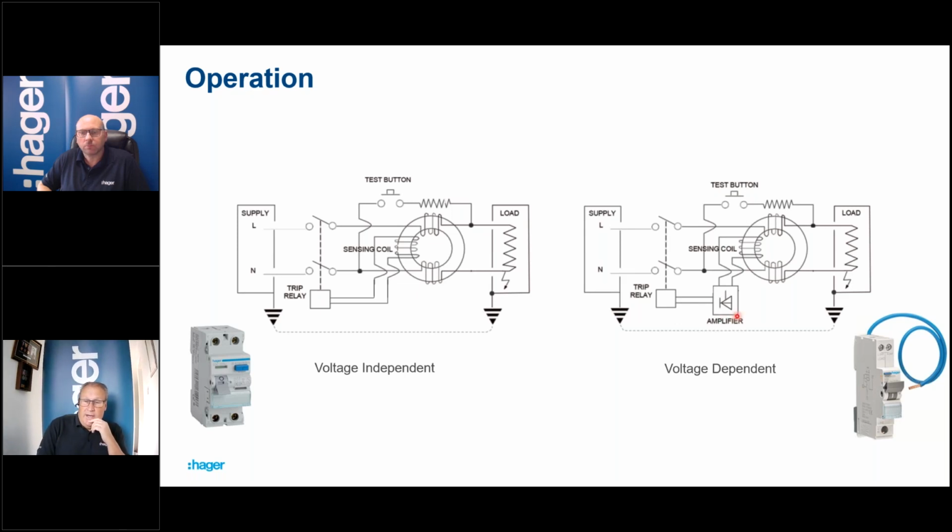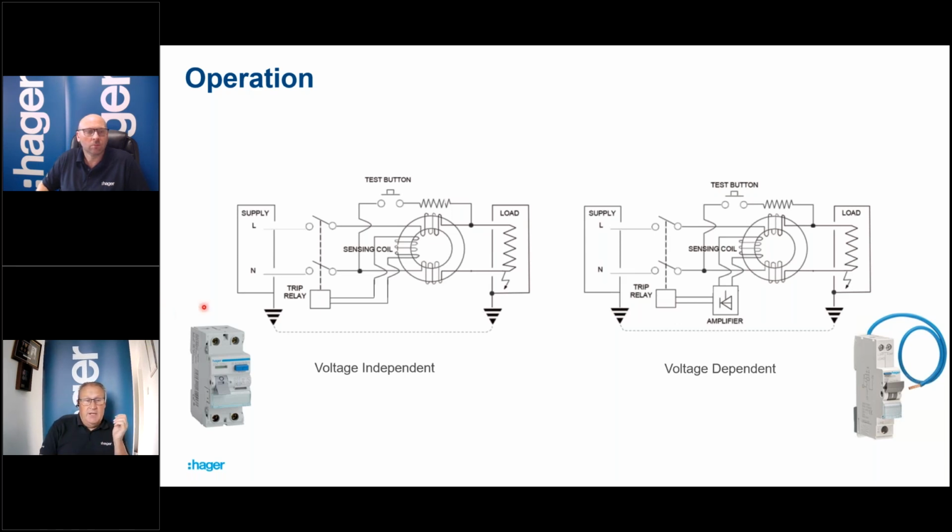So it has to be always connected to a supply, i.e. voltage dependent. And what it is, the imbalance, if you like, from the coil is sensed and amplified in order to do the tripping. So you have to have a voltage on a voltage dependent device, mainly single module units, in order for it to operate.